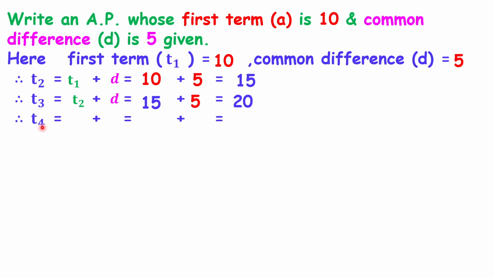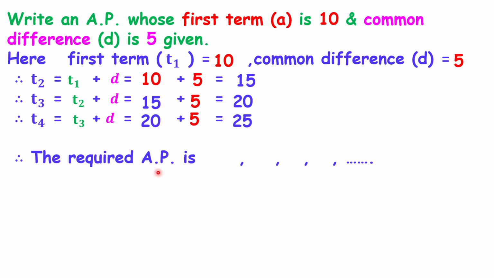We add the common difference to the third term, that means T3 plus D. T3 is 20 plus common difference 5. 20 plus 5 is 25. We found the first four terms. Therefore, the required AP is: first term 10, second term 15, third term 20 and fourth term 25, and so on.